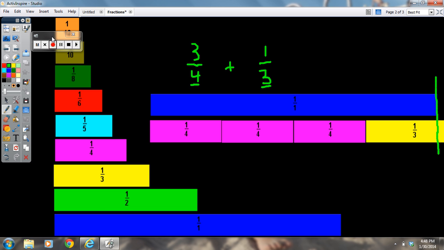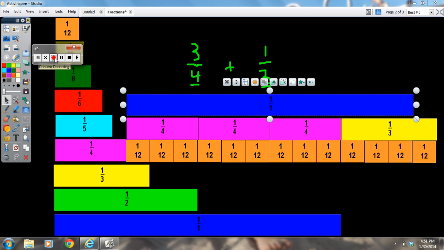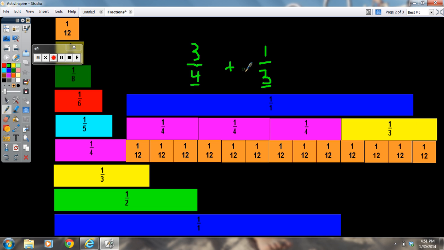So I'm going to use my 12th pieces and figure out how many 12th pieces is equal to this length of 3/4 plus 1/3. Now when I take my 12th pieces, I can see that I have 13 twelfths that are equal to the same length as the 3/4 plus the 1/3.